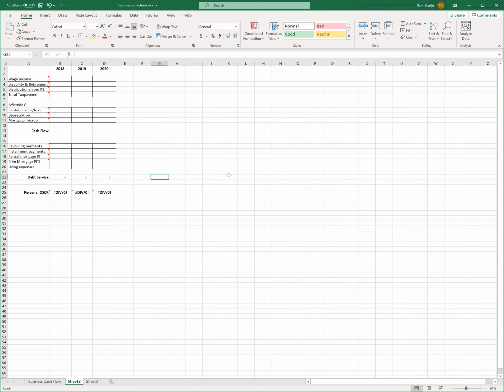And basically at the end, we're going to be taking our personal income and our personal debt, or cash flow and debt, and we're going to be doing a personal debt service coverage ratio. Now, ultimately, it's going to be looked at on a global level.